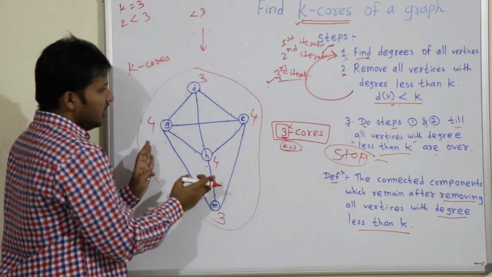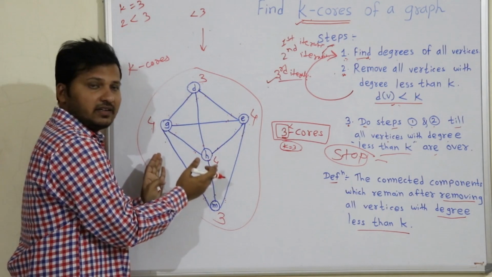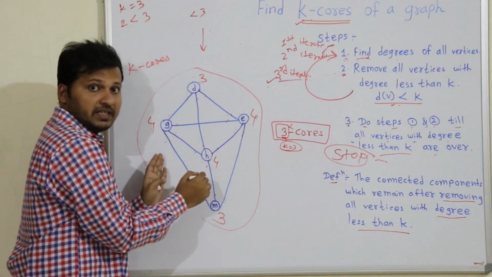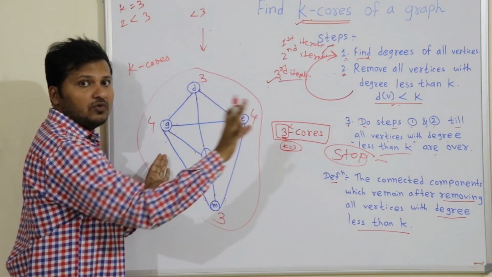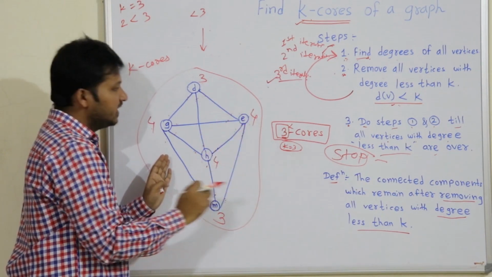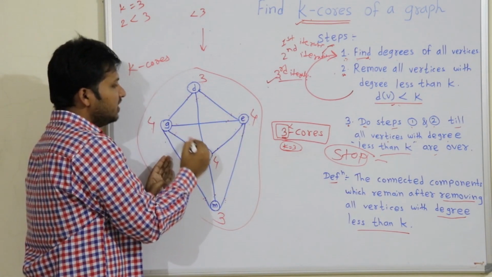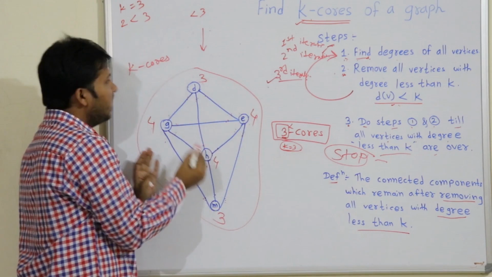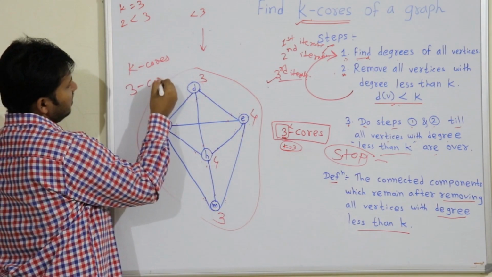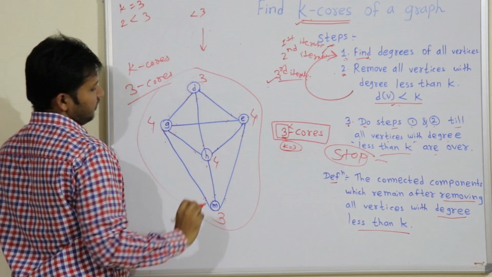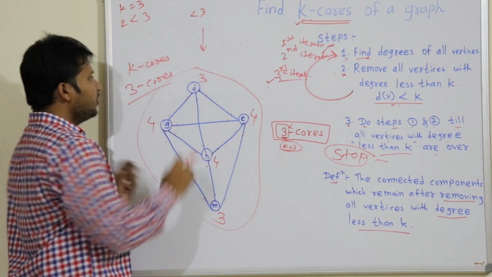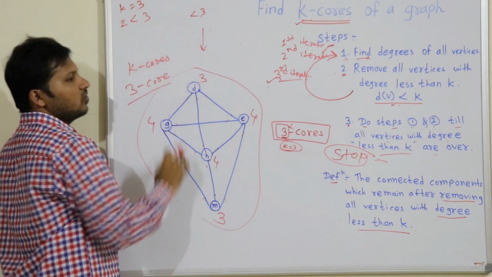So here there is only one connected component which remains after removing all vertices with degree less than k. So you can call this one component the 3-core of the graph, okay.